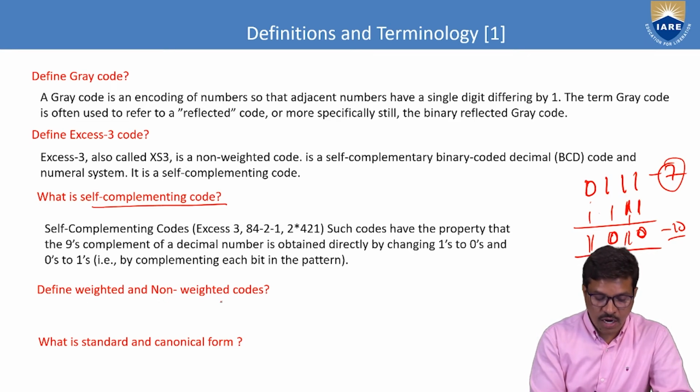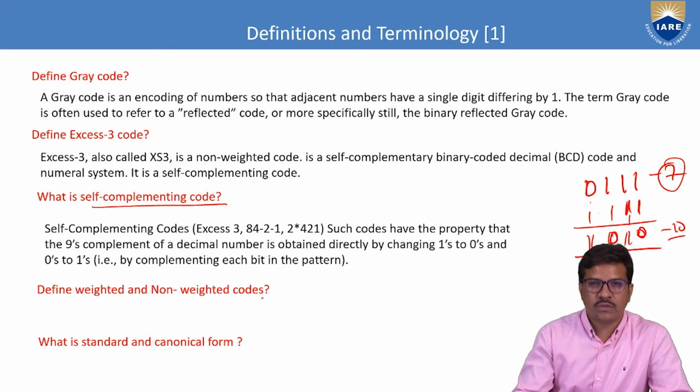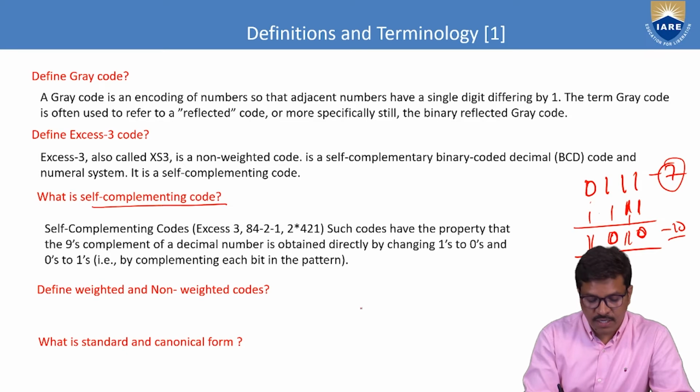And define weighted and non-weighted codes. Any code having proper weights to represent a number is called a weighted code. If you see the BCD code, it follows the 8421 code. What is the BCD for 8? 1000. What is the BCD code for 4? 0100.